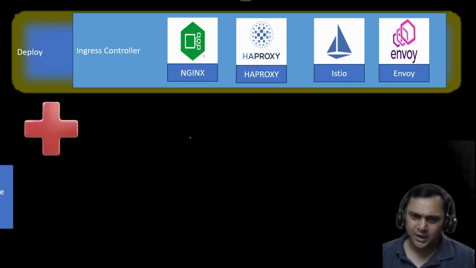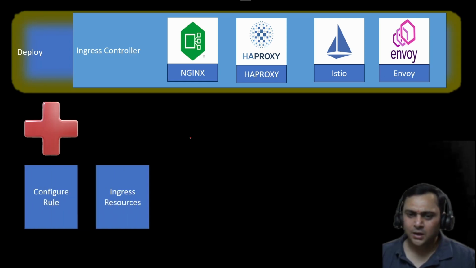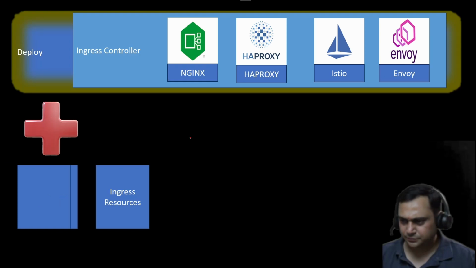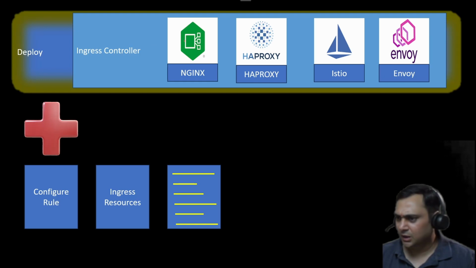Plus, we need to configure the rules. This is what we call ingress resources. It is a simple YAML file. Now you understand the difference between ingress controller and ingress resources. Ingress controllers are these ones: Nginx, HAProxy, whatever. I will cover the theory part, don't worry.